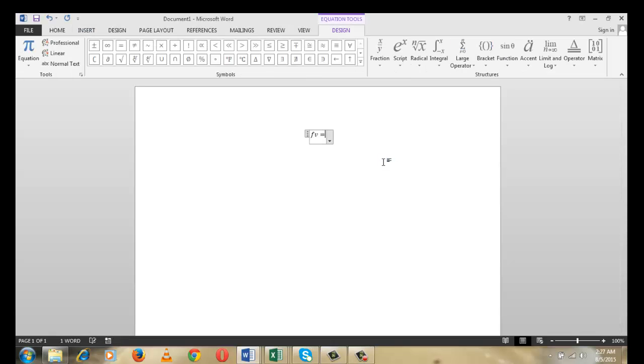Future value is equal to present value into 1 plus R% divided by 365 into 24 into 3600, to the power 365 into 24 into 3600 into n, where n is a time period.